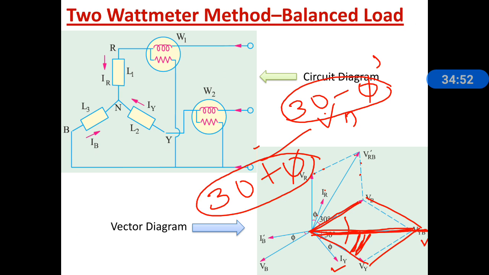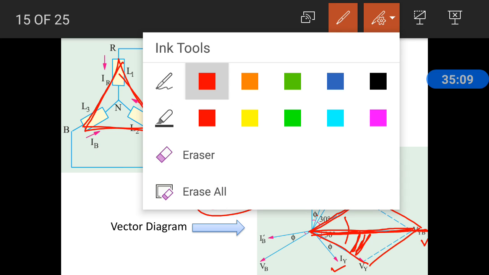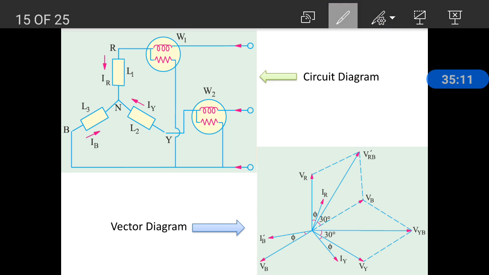Suppose instead of star we have delta, it is very easy. The delta is like this, and the W1 and W2 connections remain outside the delta. So it is easy to connect.